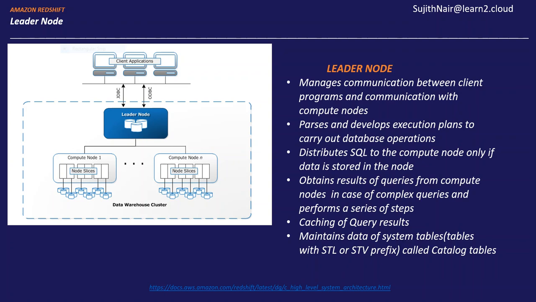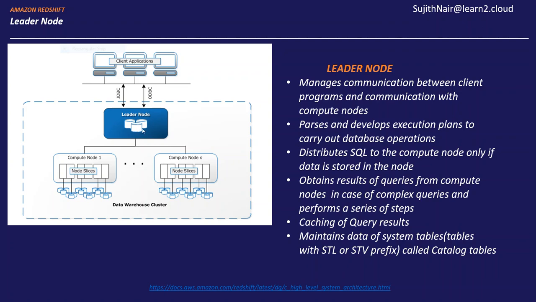The leader node works very similarly to a tech lead in a team. The leader node accepts requests from client applications, and then distributes the work between its compute nodes. The compute nodes actually do the work, and once they have done it, they send the work back to the leader node.